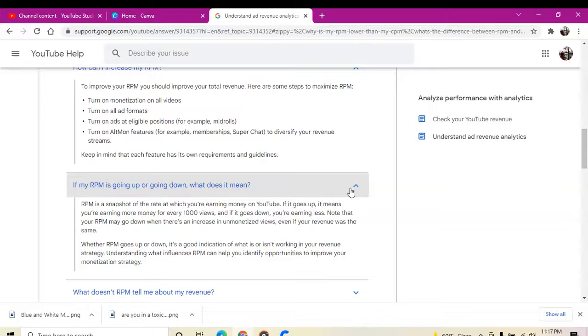Whether your RPM goes up or down, it's a good indication of what is or what isn't working in your revenue strategy. And understanding what influences RPM can help you to identify opportunities to improve your monetization strategy.